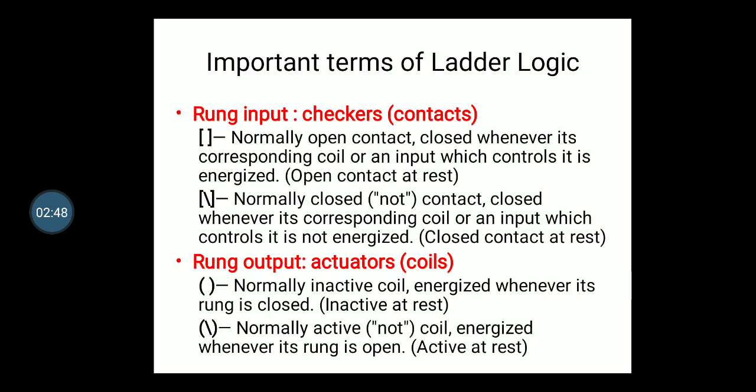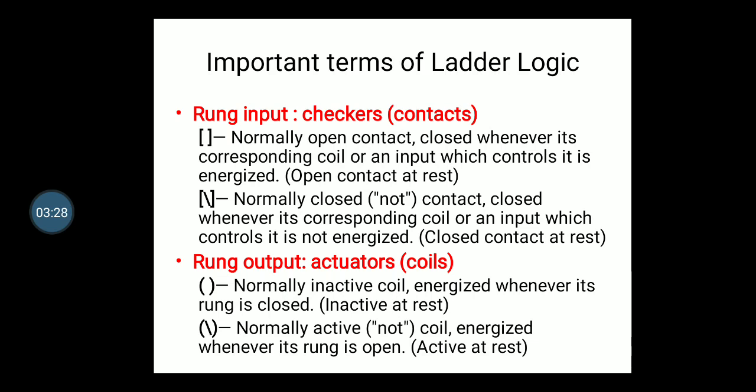Now let's see the most common output, that is the actuator, the coil. The parenthesis, the opening and closing round brackets, indicate the normally inactive coil. Now it is inactive, but whenever the input is closed, whenever it gets a signal, it will become active. For example, suppose there is an LED on this coil. The LED will be switched off, but when it is energized, it will light up.